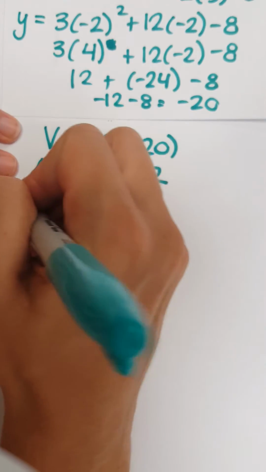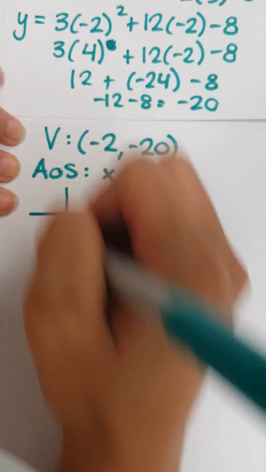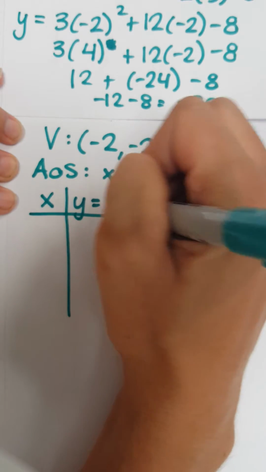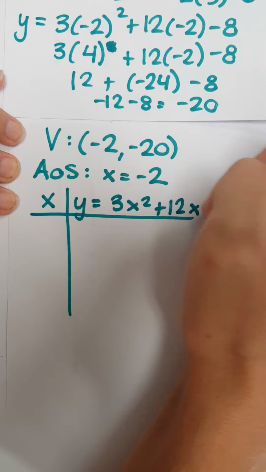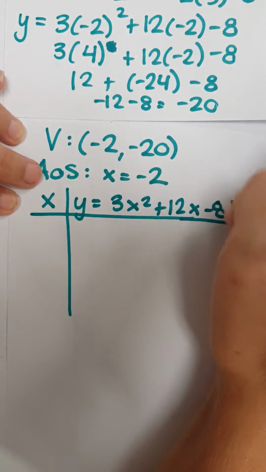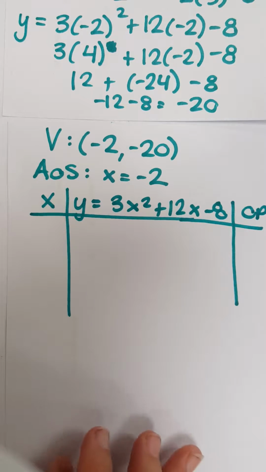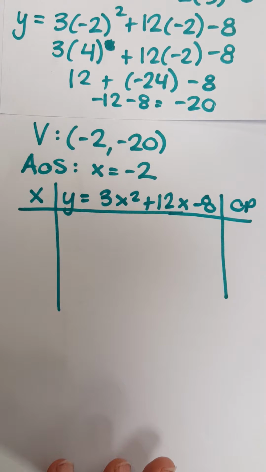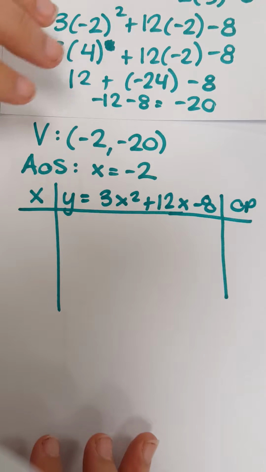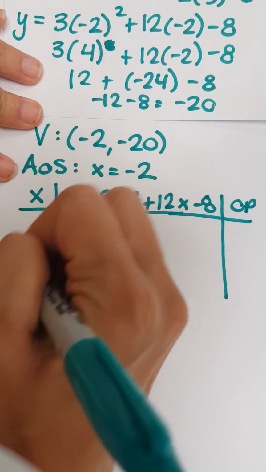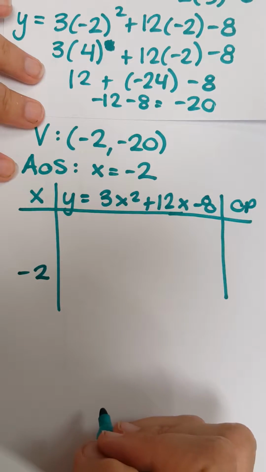So when we make our chart, our table, x, y equals 3x squared plus 12x minus 8, and then ordered pair. When we make this table, we're going to put negative 2 in the middle, okay?